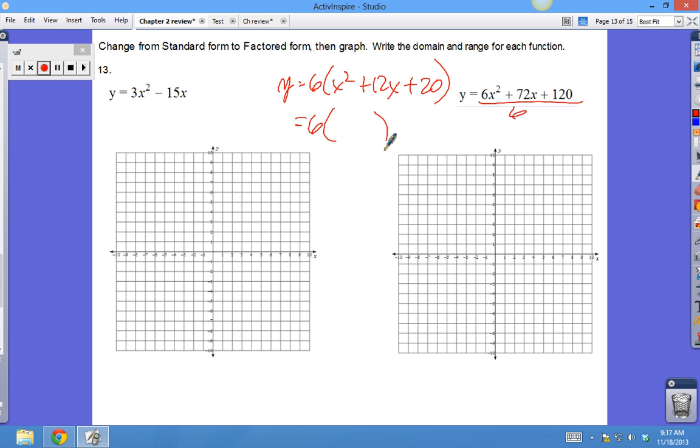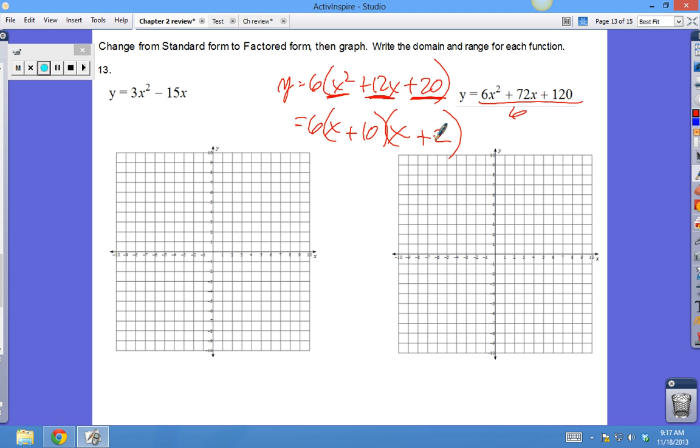What times what is going to give me my x squared? That's going to be an x and an x. What multiplies to give me 20, but at the same time adds to give you 12? I'm going to go with a 10 and a 2. Are they positives or negatives? They both have to be positive. They have to add to give you 12 and multiply to give you positive 20.